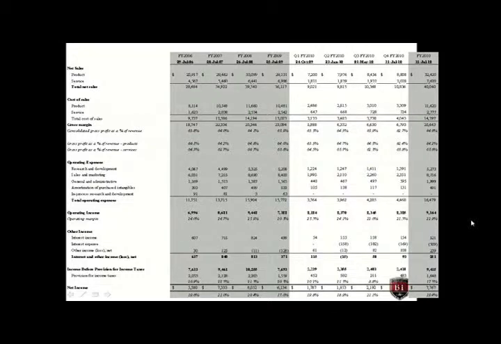Now, what we have here is just a very simple example of financials for fiscal years 2006, 2007, 2008, 2009 for a company. And then what we have is quarterly historical data for fiscal year 2010.